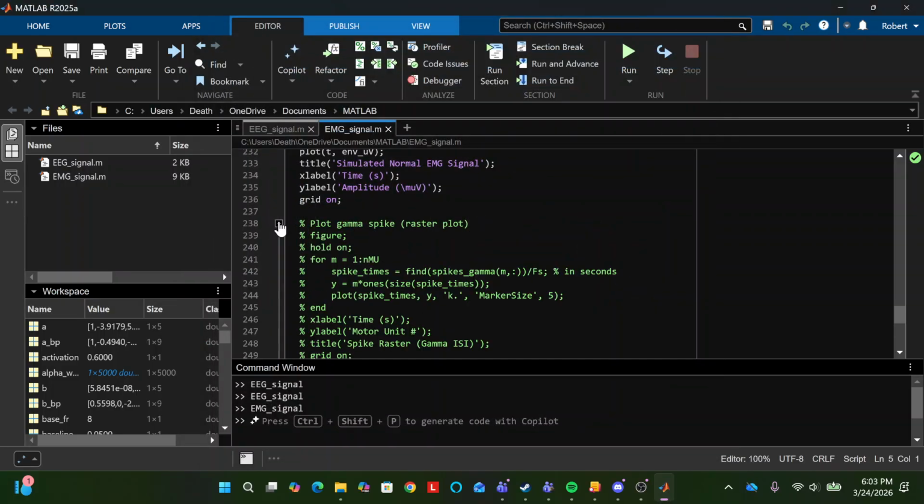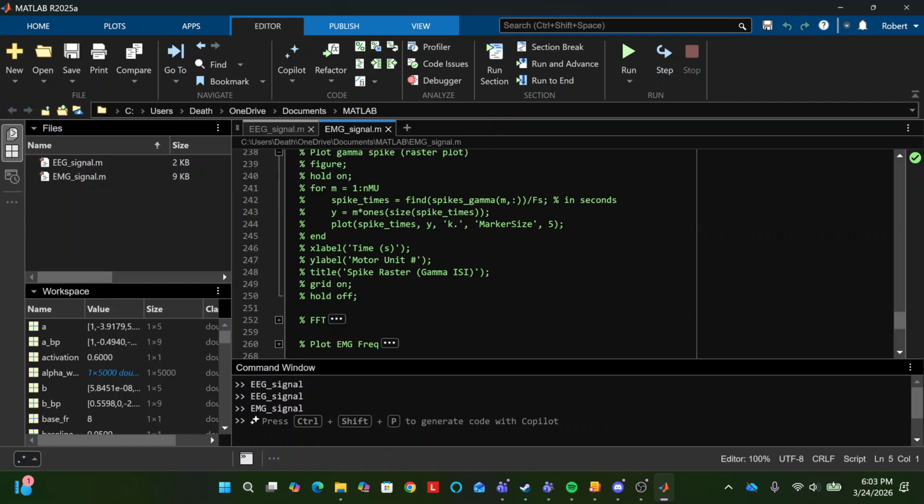And what we could do is we can also do a plot, so we can actually look at this.